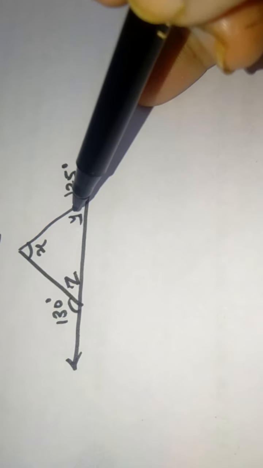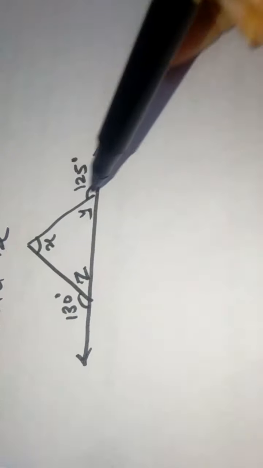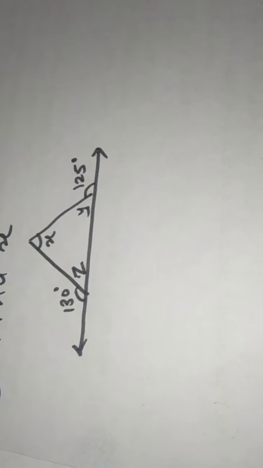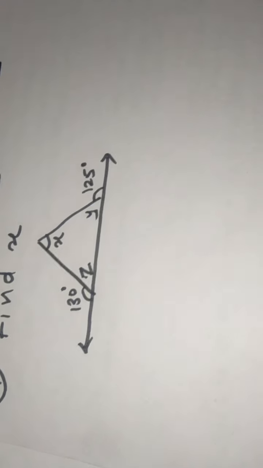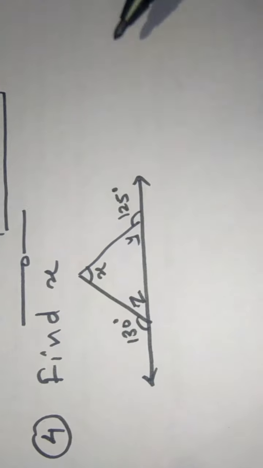We can find the value of y and z. Then the sum of all angles of a triangle is equal to 180. From that we can easily find the value of x. Or we can use the exterior angle theorem also.